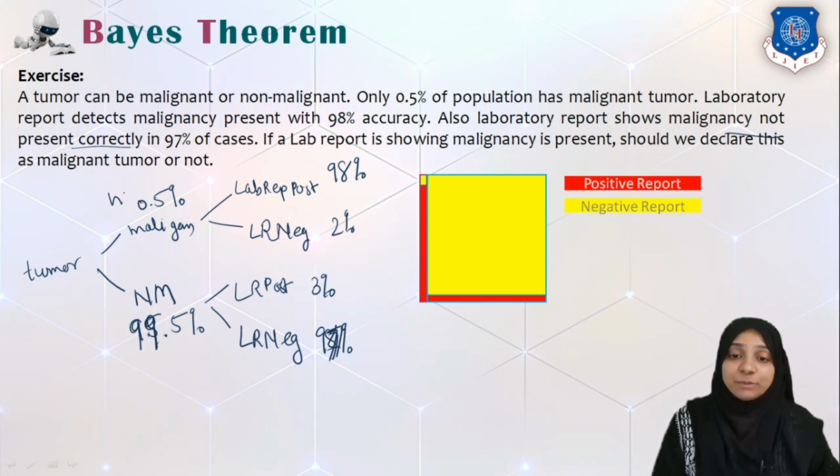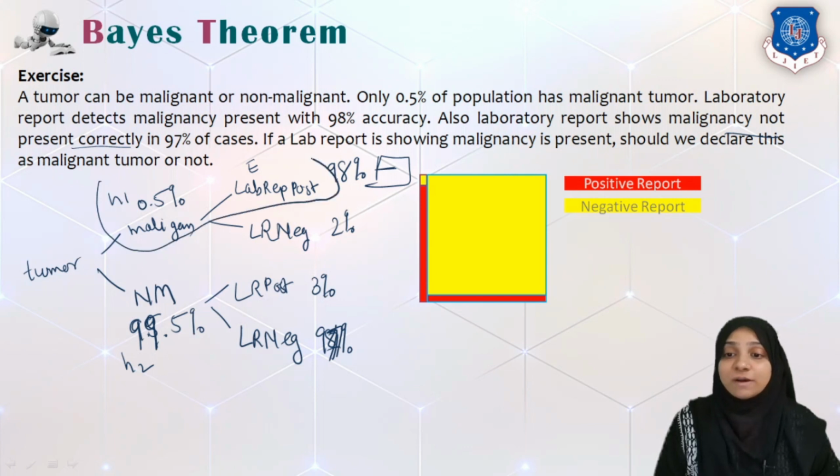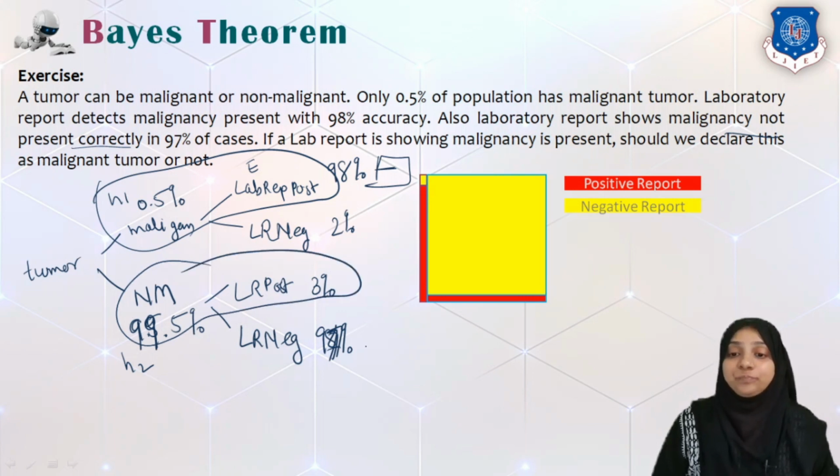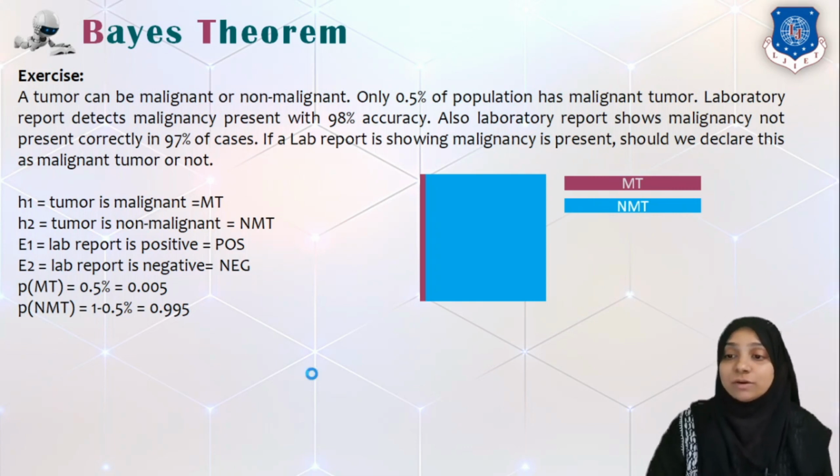Now this is my hypothesis 1, this is hypothesis 2 and this is my evidence E. I have to first calculate this particular final value. So this final value is composed of these two values. H1 is nothing but malignant tumor and the blue part is non-malignant tumor.